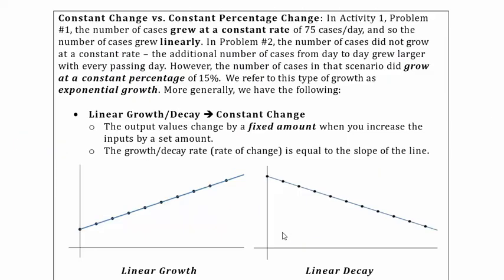So what we've done in this activity is we've investigated the difference between a constant rate of change and a constant percent change. Now, the two examples that we just did both had to do with growth, not decay, and we're going to do some decay examples coming up. But what we saw when we were increasing the cases by 75 is we saw linear growth.